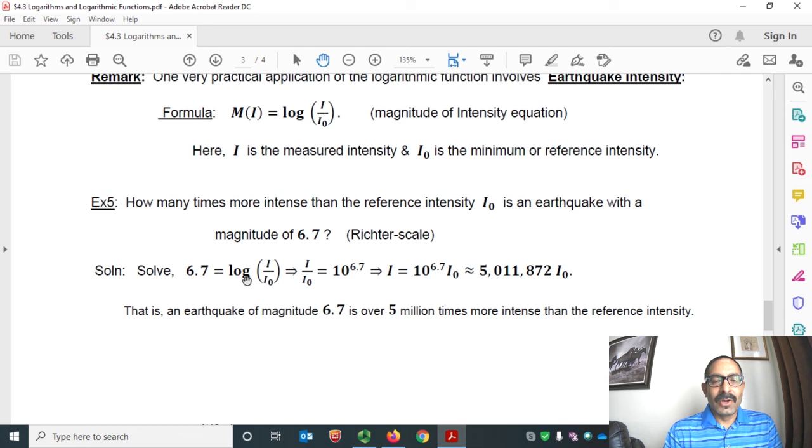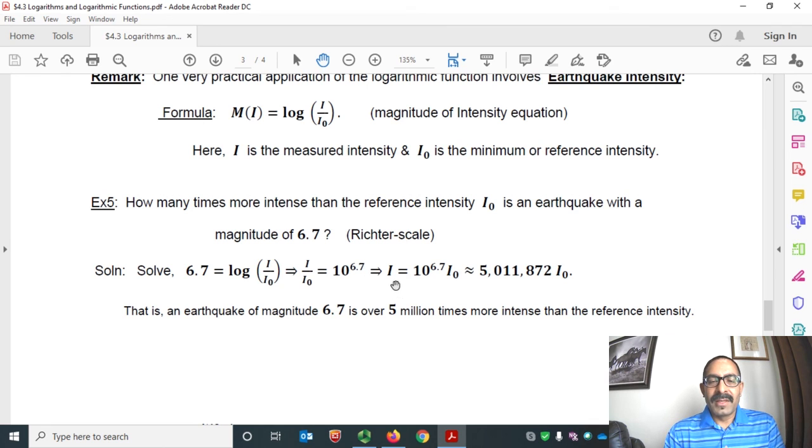The log has base 10, so we can rewrite this logarithmic function in terms of an exponential function. Then 10 to the power 6.7 equals I over I0.